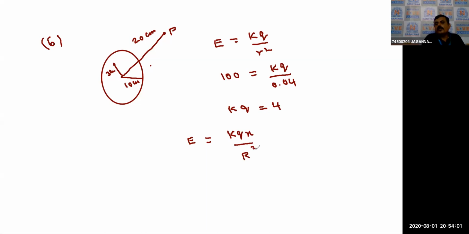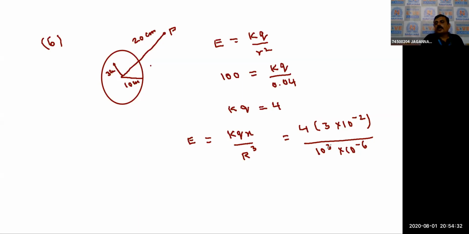Now substitute: KQ value we got is 4, into x value 3 centimeter, which is 3 into 10 power minus 2, divided by R cube, where R is 10 centimeter, 10 cube into 10 power minus 6.